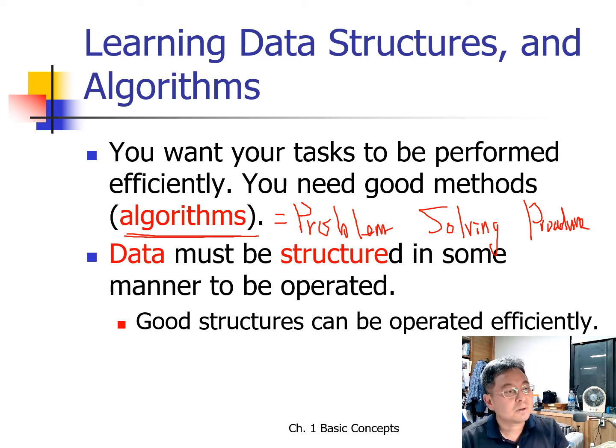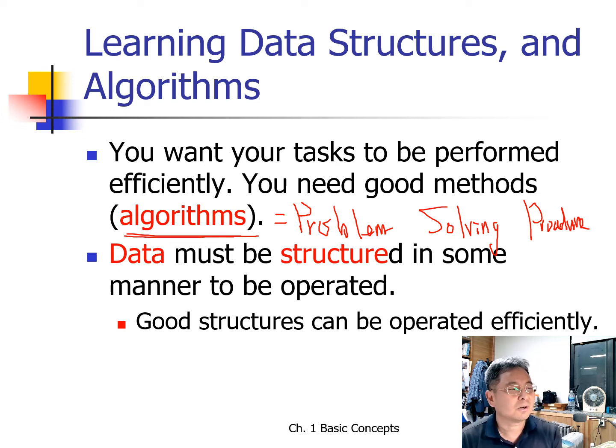Okay, so this algorithm must depend on the data structures, because algorithm must store the data in data structure. If the data structure is designed poorly, then the algorithm must be inefficient.